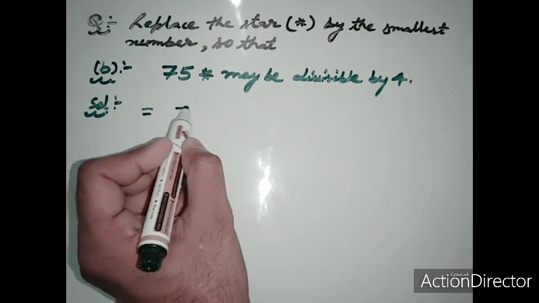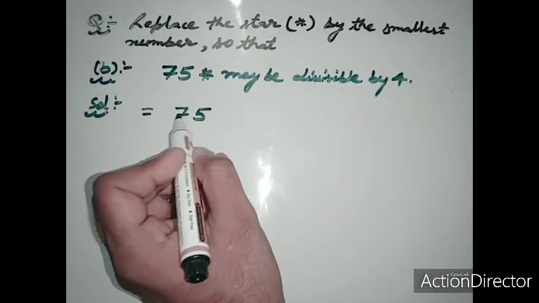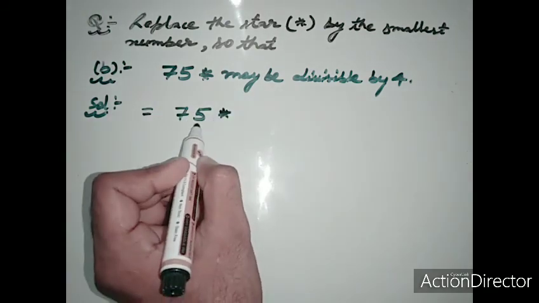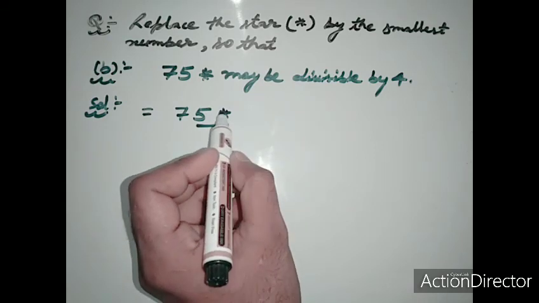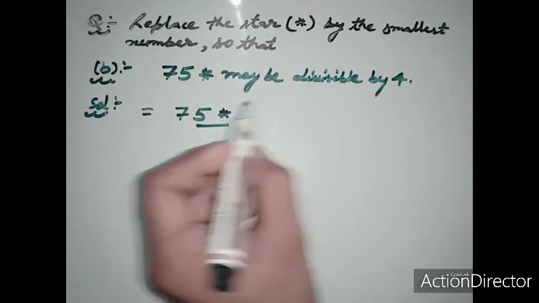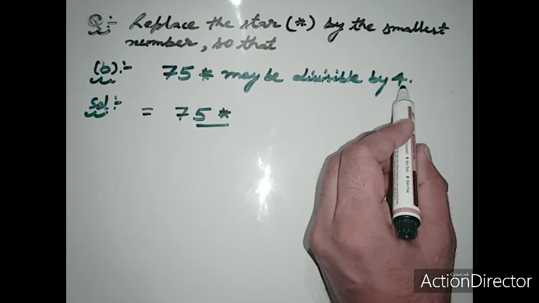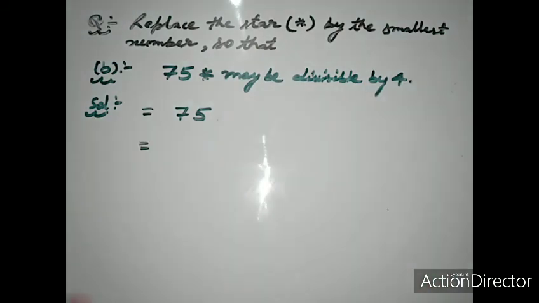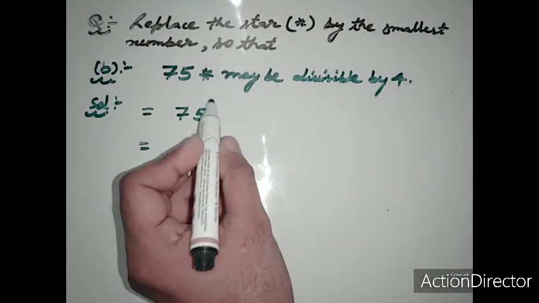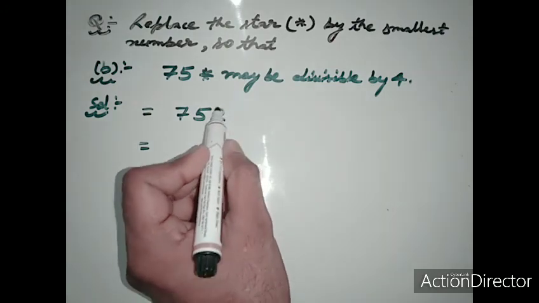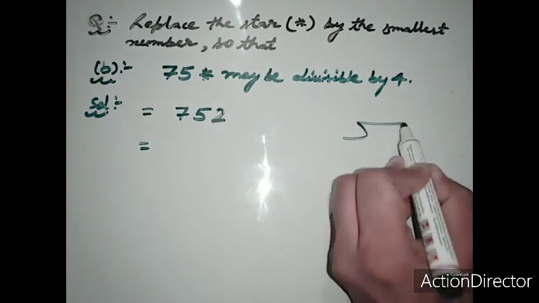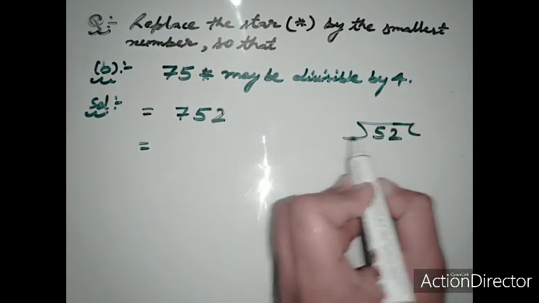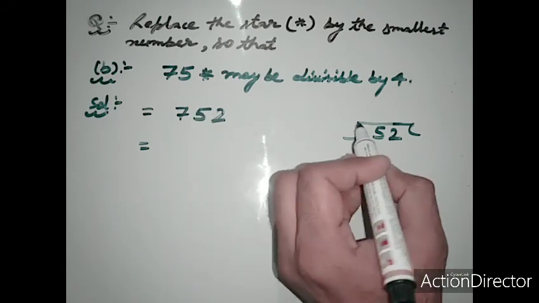Now here we write 5 7 5 and star, right? So which number can we write in the place of the star which makes this whole number divisible by 4? Okay, so in the place of this star we write 2. So here 52 is divisible by 4, and here we can write 6 also, right?